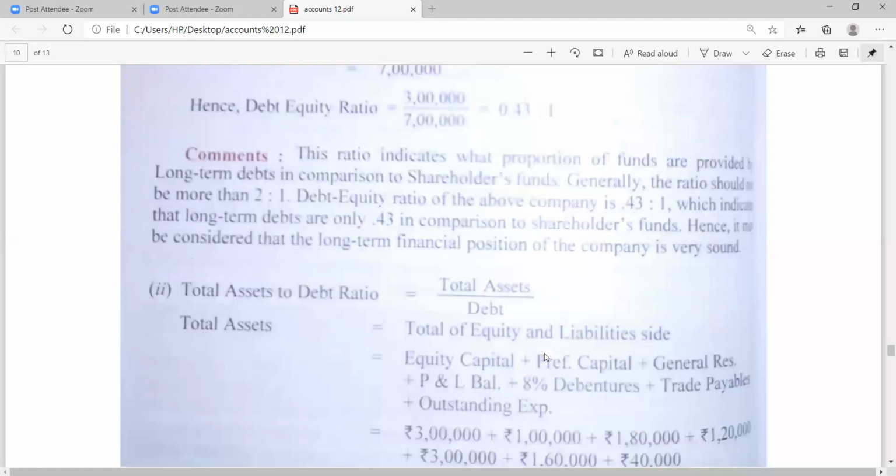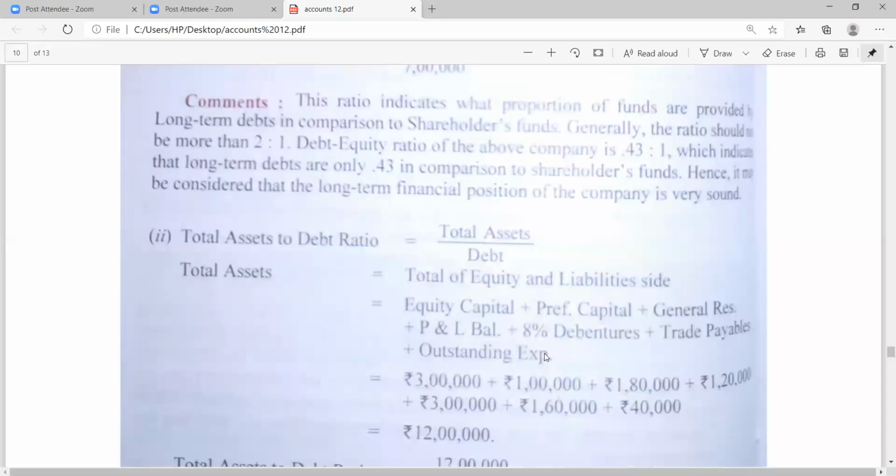If I talk about the total asset to debt ratio, it will be total assets upon debt. Total assets, you know how to calculate from the liability side. The total of all the assets is equal to the total of equity and liabilities. The total of the equity and liability side is also known as the total.